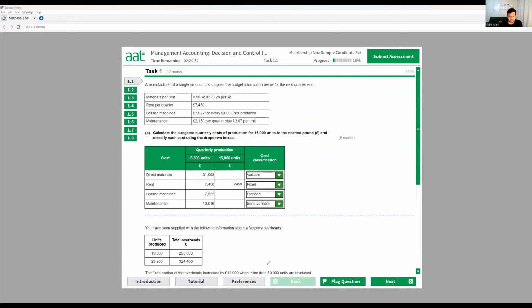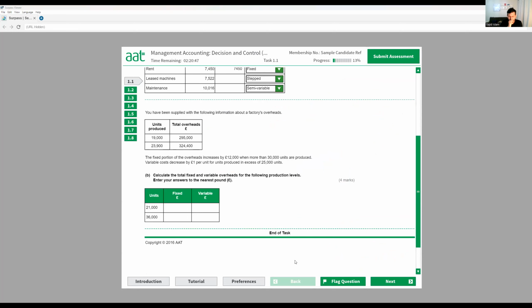The next question we have here is a high-low method question, and it will be very easy as well. So let's try to understand this question. You are supplied with the following information about the factory overhead. The fixed portion of the overhead increases by 12,000 when more than 30,000 units are produced.